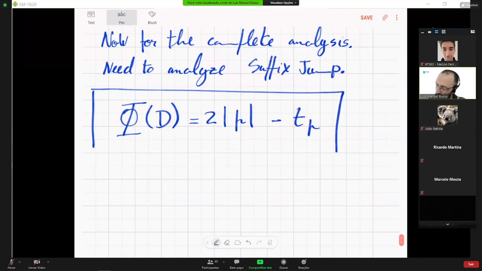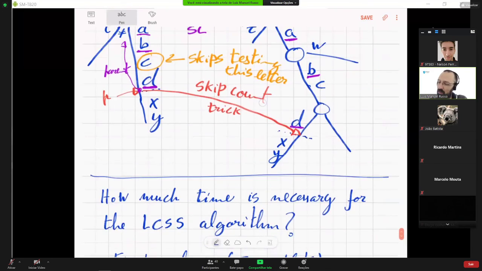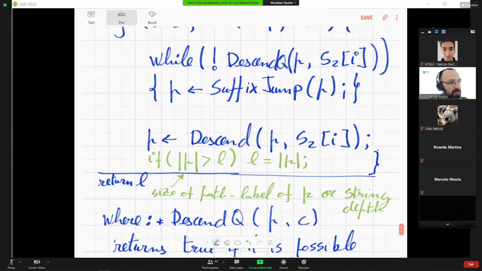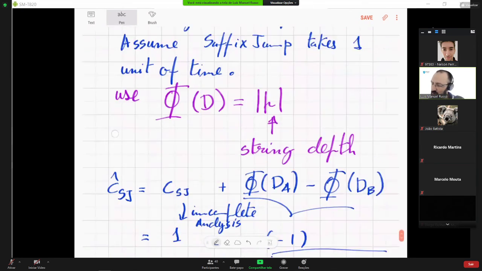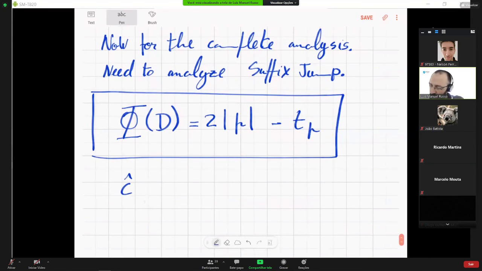Okay, so this is our potential function for analyzing this algorithm over here, right? So the algorithm for the longest common substring. Okay, so all right. So basically, all you have to do is you need to check that the amortized cost of the suffix jump really is 0.